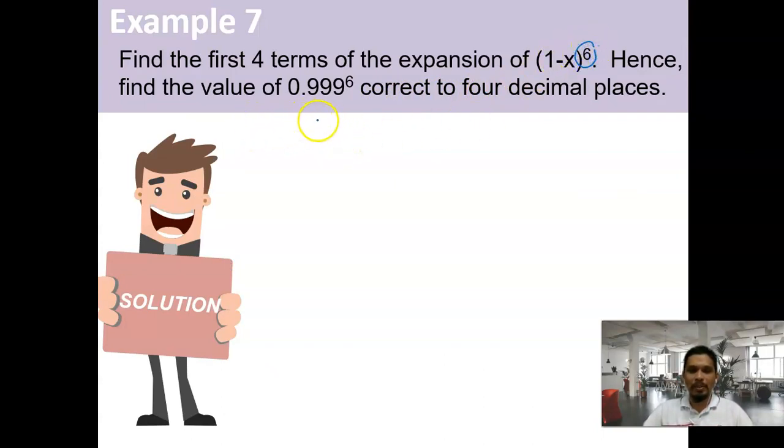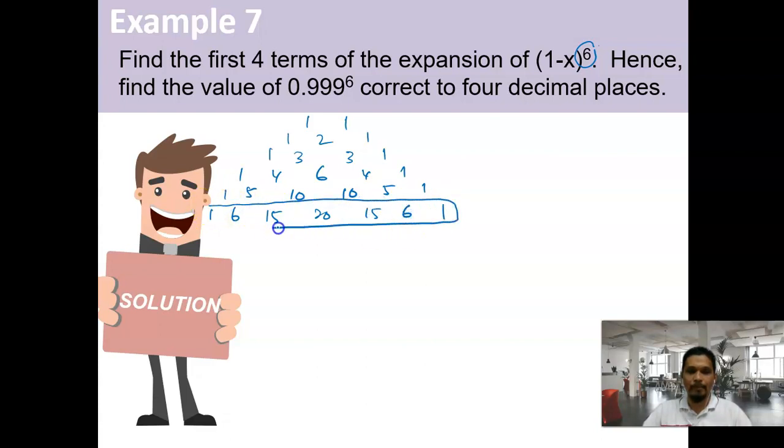So we recall the Pascal's triangle again: 1; 1, 1; 1, 2, 1; 1, 3, 3, 1; 1, 4, 6, 4, 1; 1, 5, 10, 10, 5, 1; so 1 plus 5 equal to 6, 15, 20, 15, 6, 1. Okay, this is for n equal to 6.